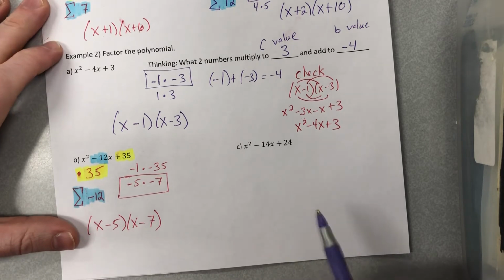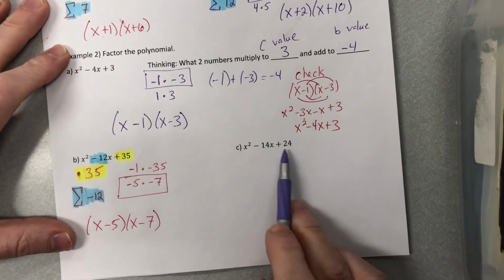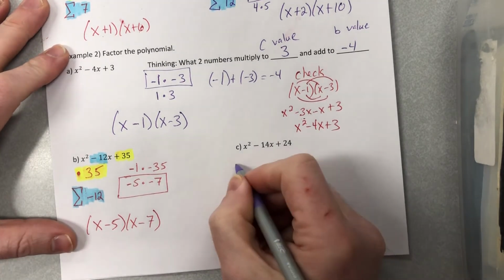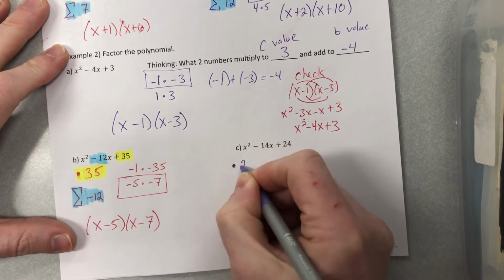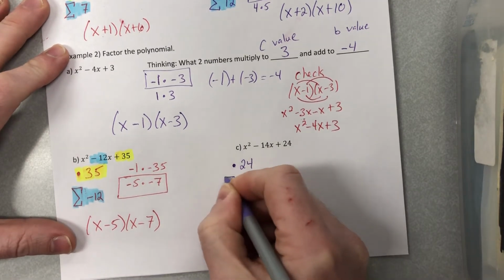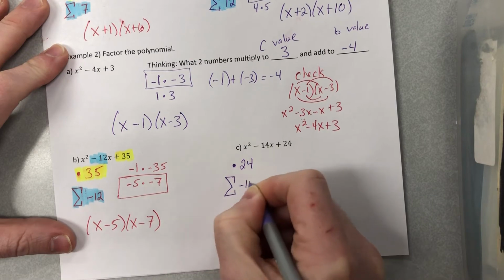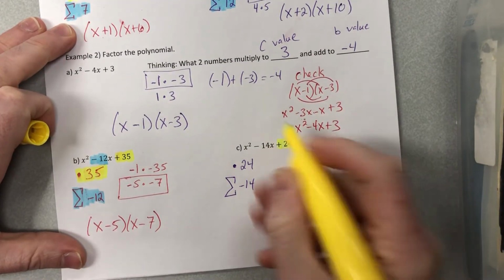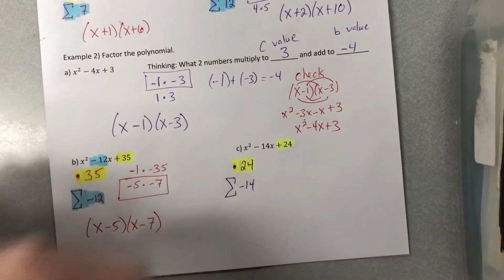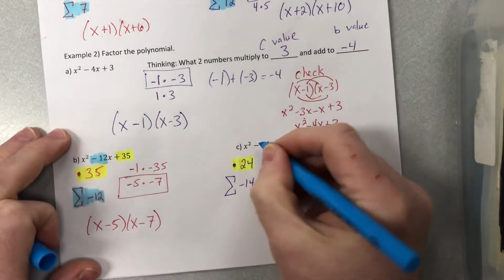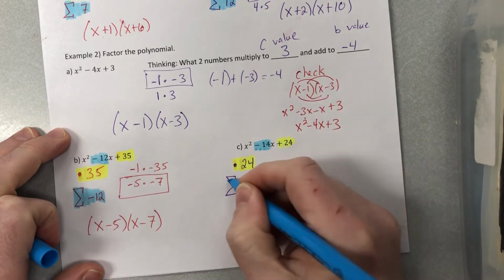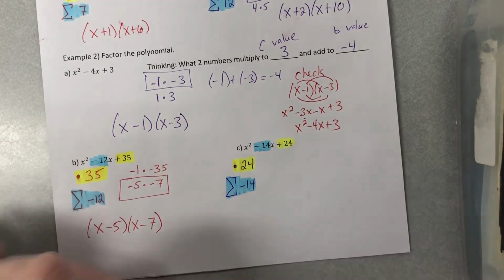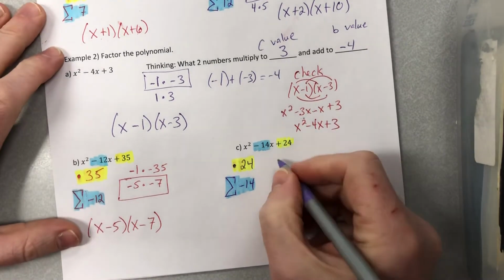Okay, hopefully you're seeing patterns as you go through this. Once again, our constant is 24, so we need two numbers that multiply to 24 but add to negative 14. Notice both of our numbers are going to be negative because we need them to add to negative 14, so we're only going to use the negatives here.